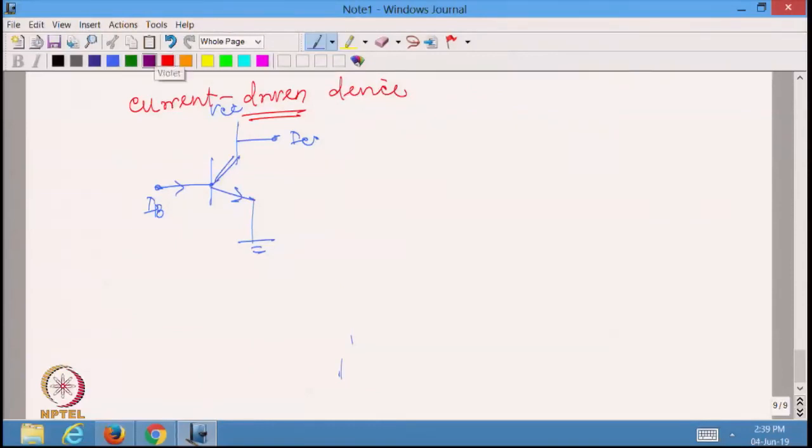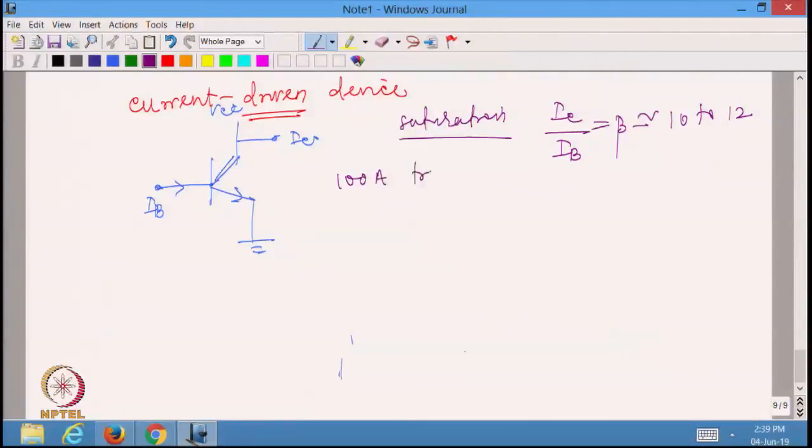If the device is in saturation, I normally get IC divided by IB, which is beta, and that will be only anywhere between 10 to 12. So, if it is a 100 ampere transistor device, I will require almost IB equal to 10 ampere. This 100 ampere obviously specifies IC.